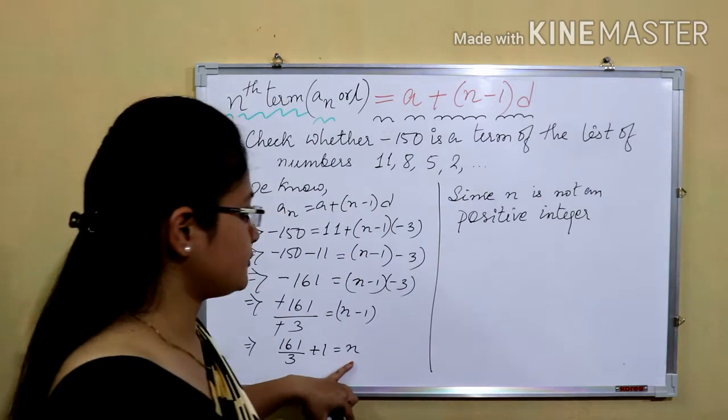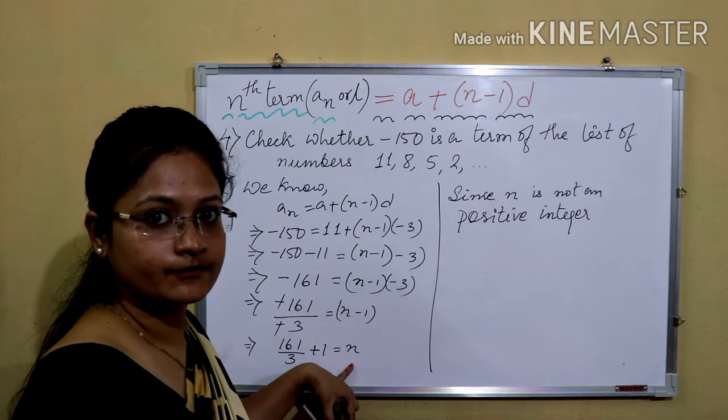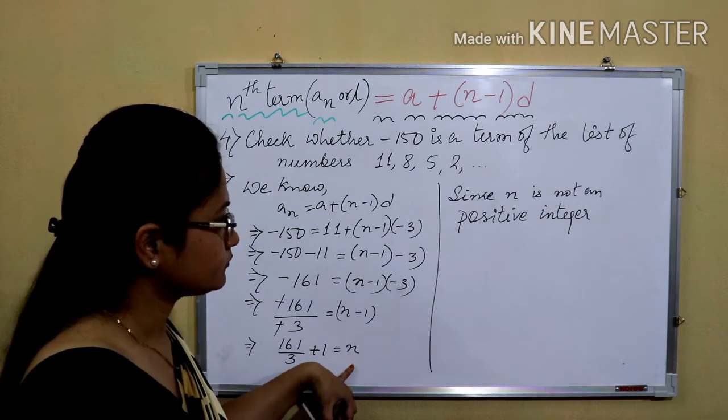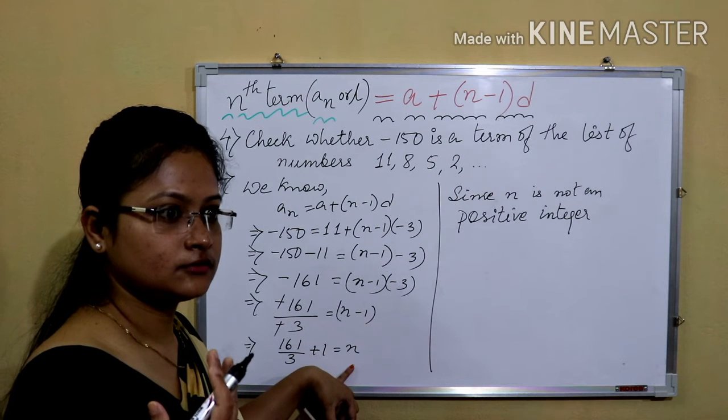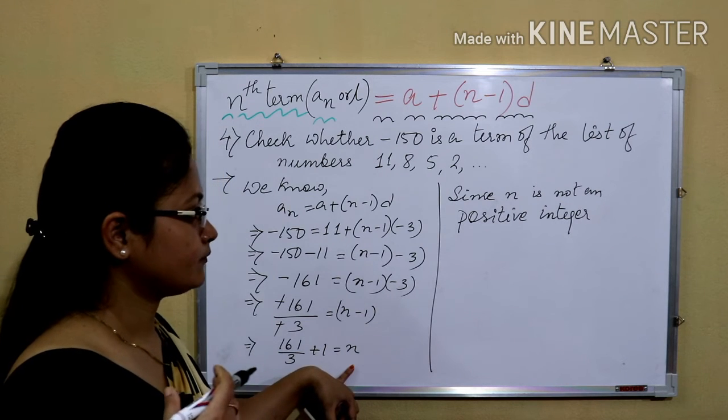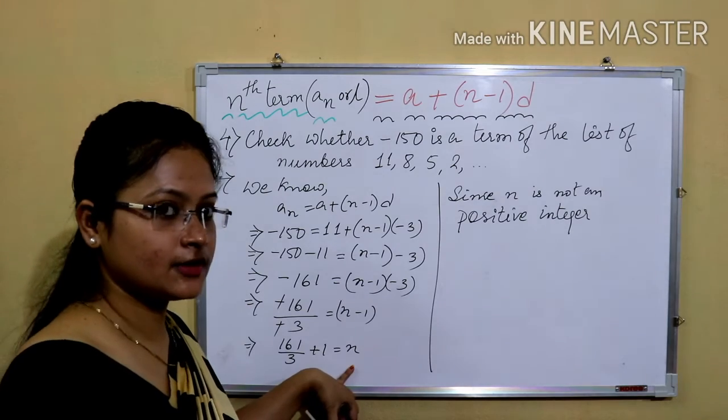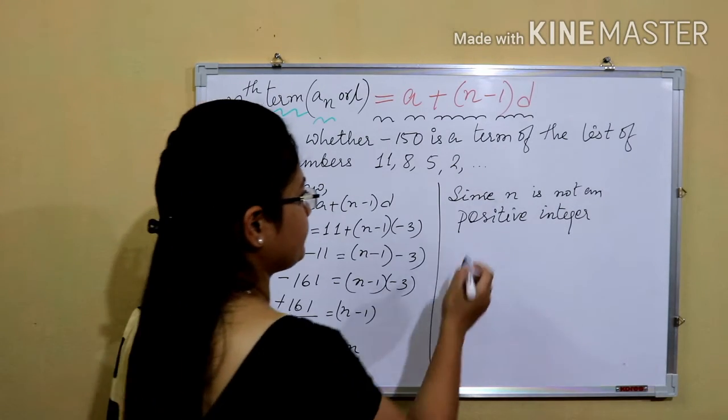That means n should always be a positive integer. It cannot be a rational number, nor negative, because the number of terms will obviously be positive.